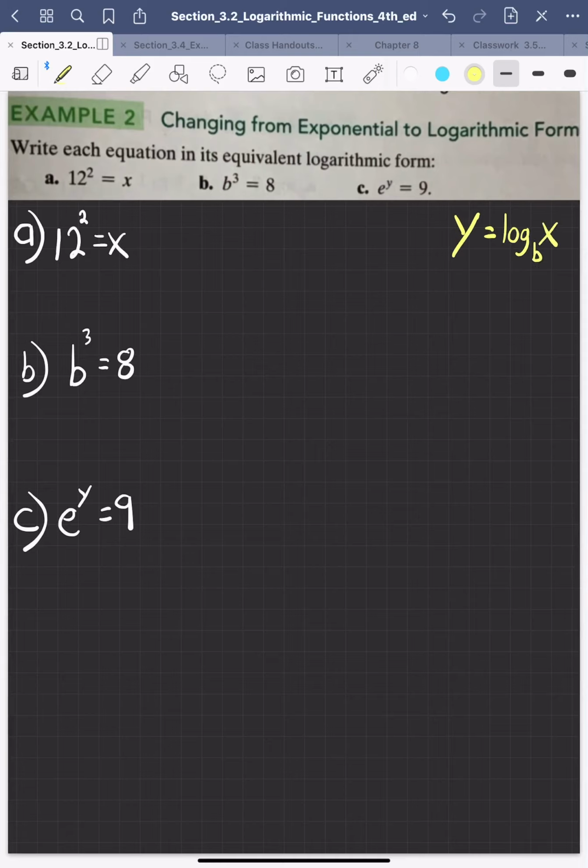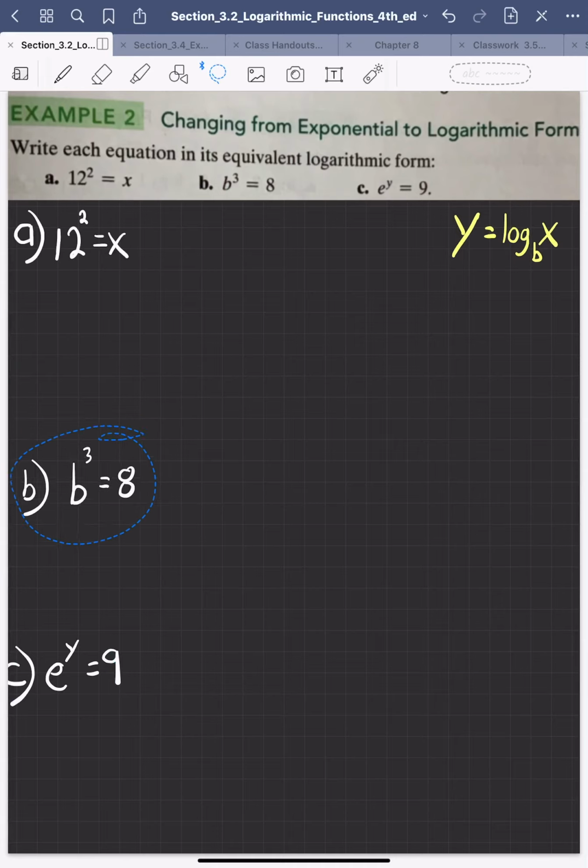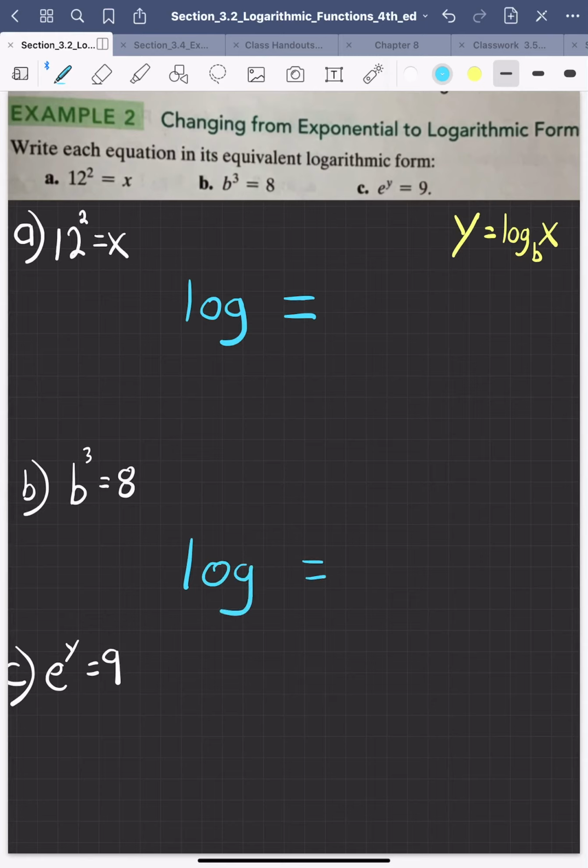Okay, here we go. I would suggest, and again, it's up to you, the way you start this is first just write log equals. That is honestly the way I begin each of these, just log equals.